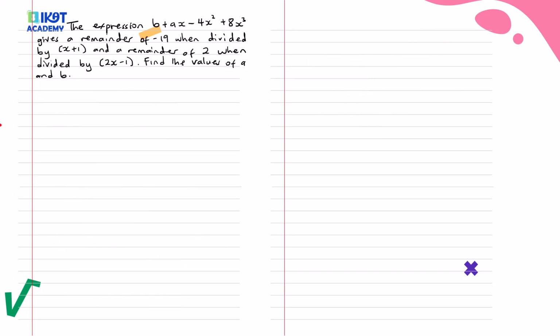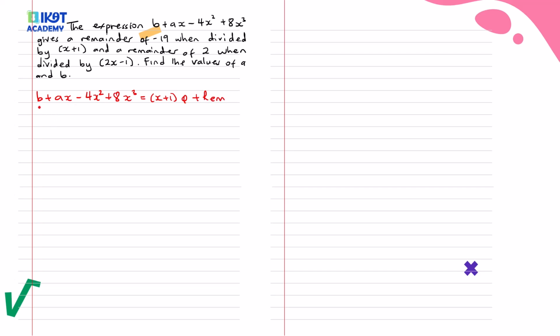Then now this question says the expression b plus ax minus 4x squared plus 8x cubed gives a remainder of negative 19 when divided by this, and a remainder of 2 when divided by this. Find the values of a and b. So the first thing we always write is the expression. It gives a remainder of negative 19 when divided by x plus 1, so x plus 1 into q plus the remainder.